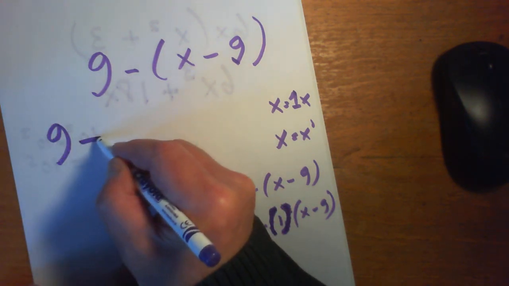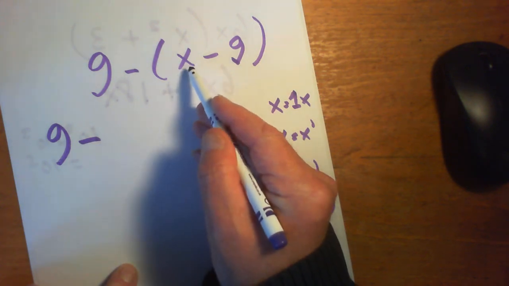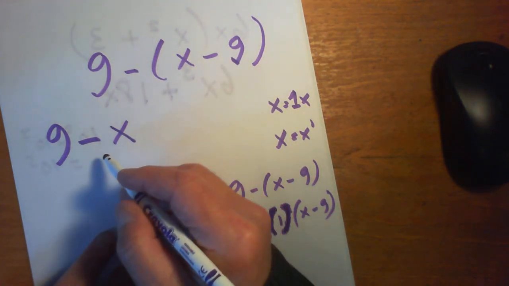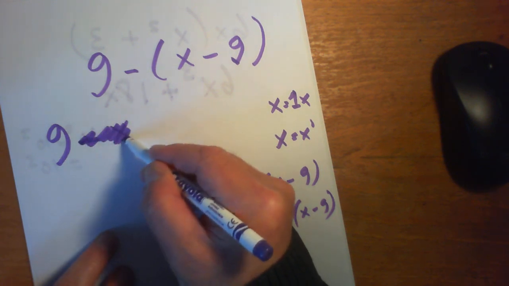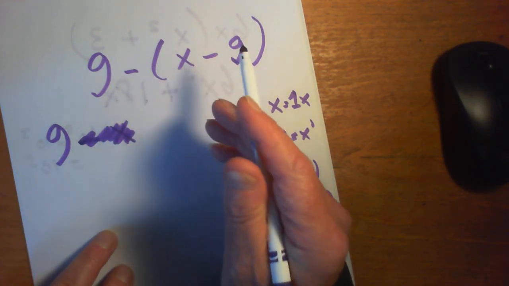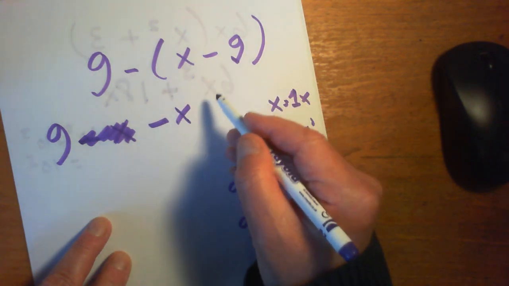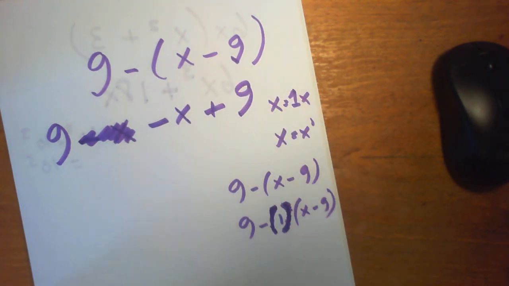So 9, I'll get rid of the brackets, I'll reverse the sign of that, and I'll reverse the sign of that. And that's your answer.